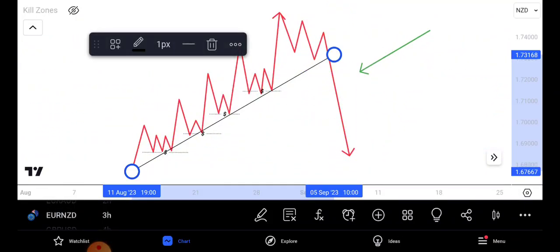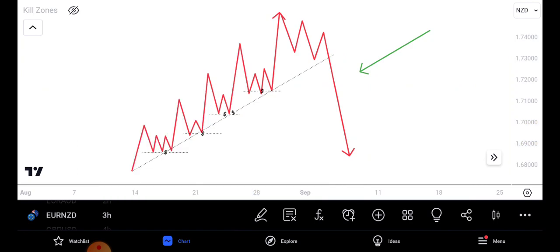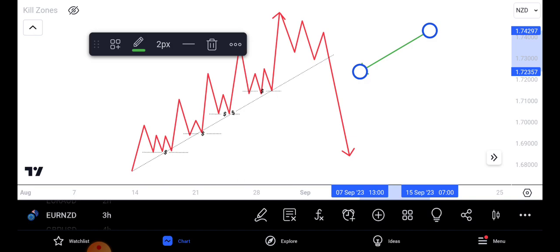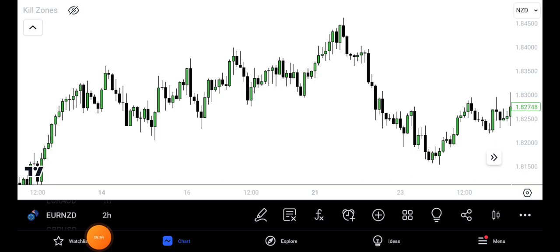So this is what trend line liquidity looks like, right? I'll be showing you guys on the real chart. All right, guys, so let me show you how trend line liquidity looks like.